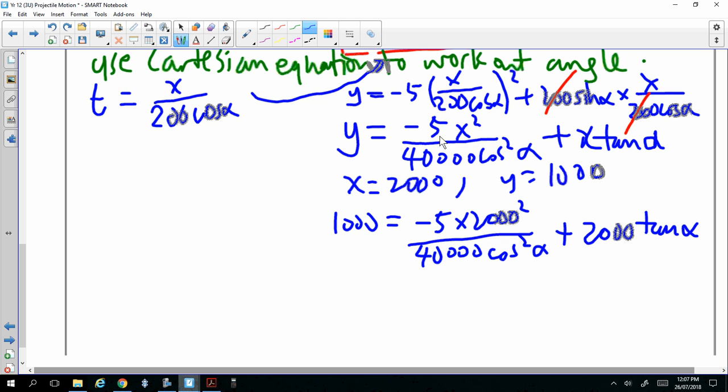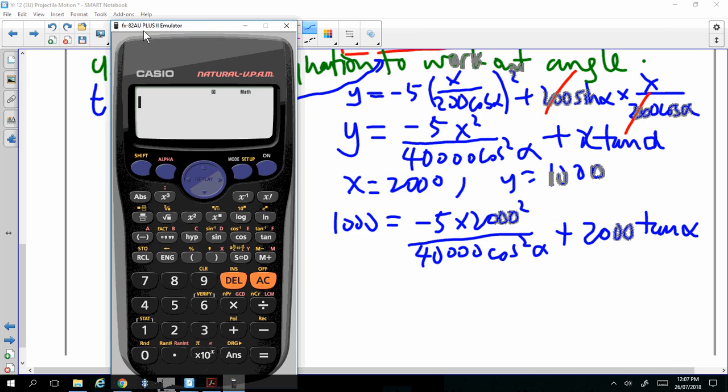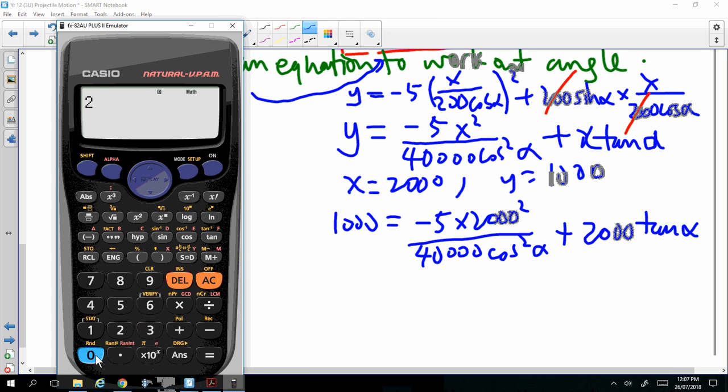Now you have to simplify, so you just use your calculator. So you get 2,000 squared times negative 5 times 5 divided by 40,000.